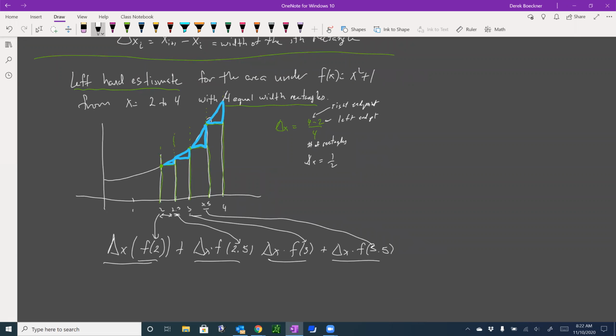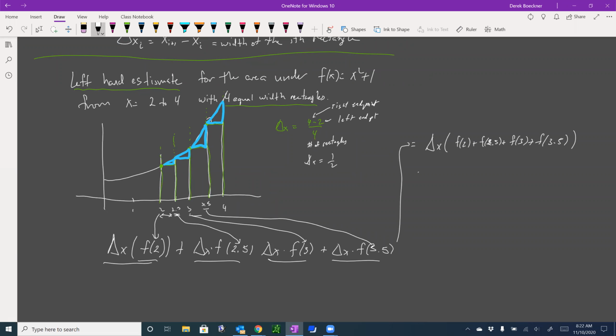So let's factor out the delta x. Delta x is part of each of these. So this is equal to delta x times f of 2 plus f of 2.5 plus f of 3, and then f of 3.5.